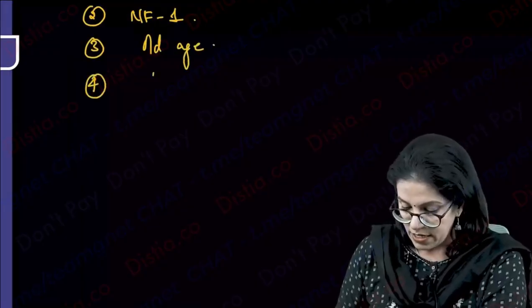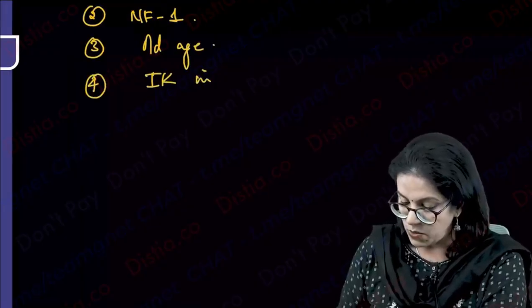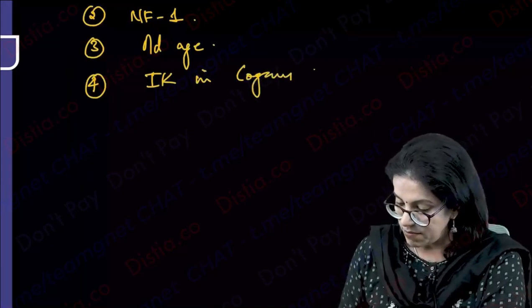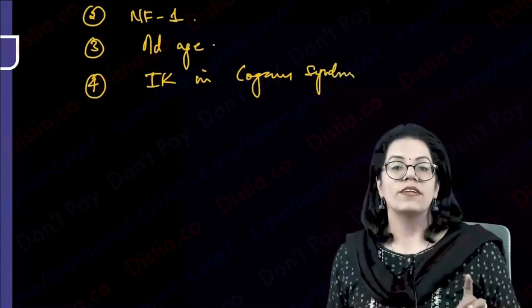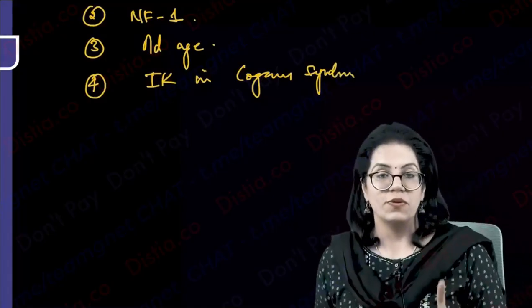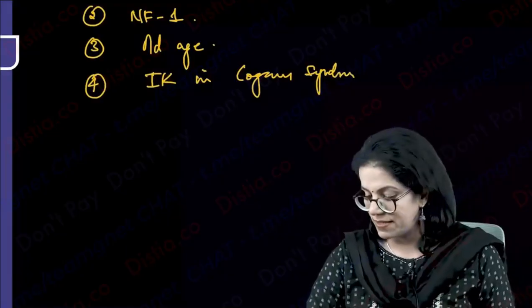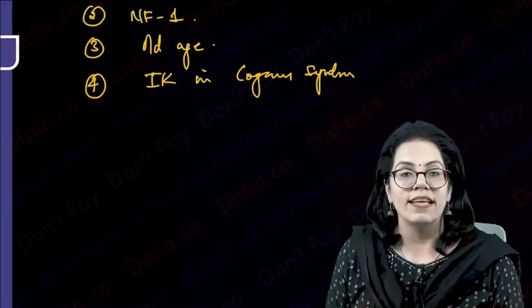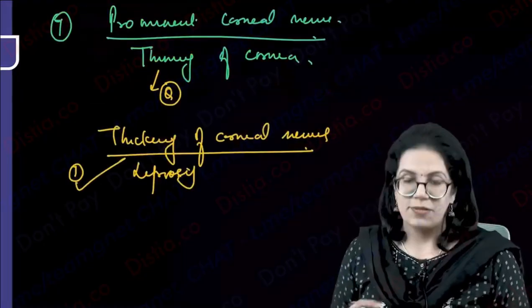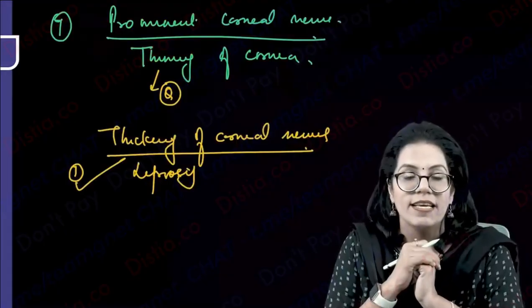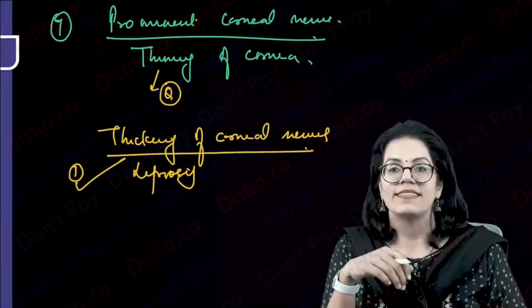And interstitial keratitis and Cogan's syndrome may manifest with thickened corneal nerves. So what I want you to learn very nicely is 1 and 2, leprosy and NF1. That is very important. You all should be able to answer this: thickening of corneal nerves, leprosy and NF1.